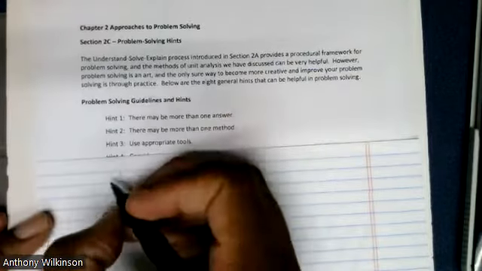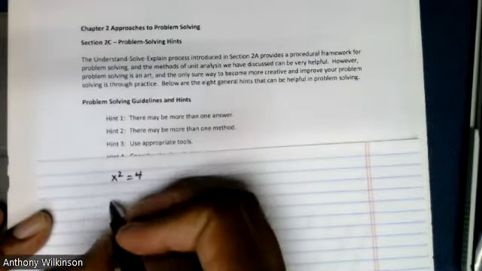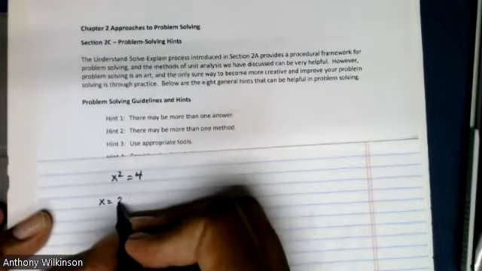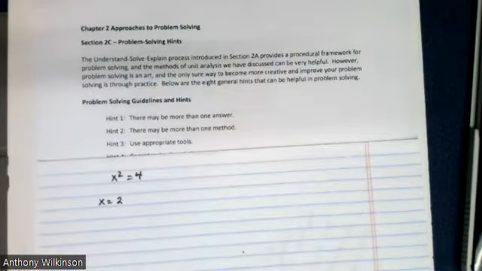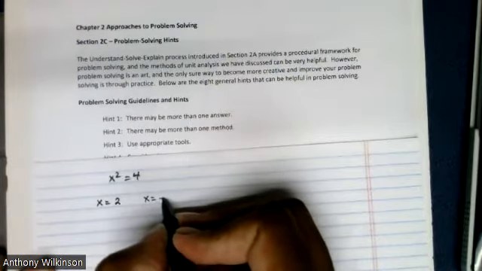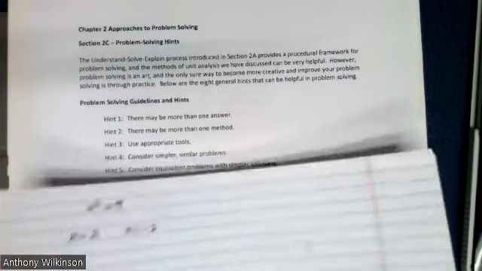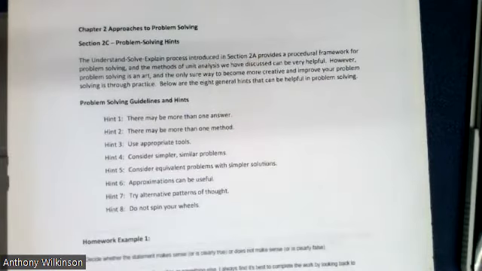This type of equation does have 2 answers. One of them would be x is equal to a positive 2, because you want to find out what number squared would give you 4. And 2 would be one possibility, because 2 squared is 4. And also, negative 2 is another possibility, because negative 2 squared is also 4. So there may be more than one answer to a problem.